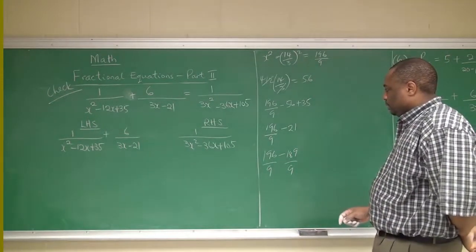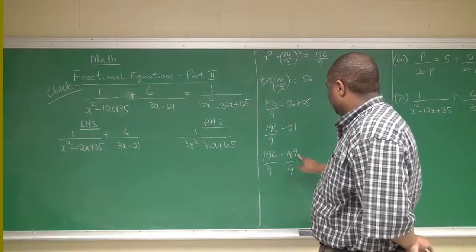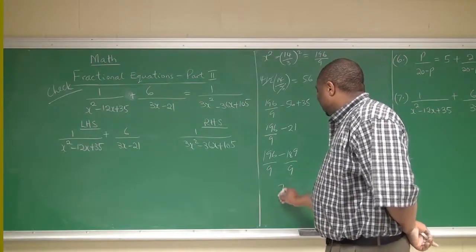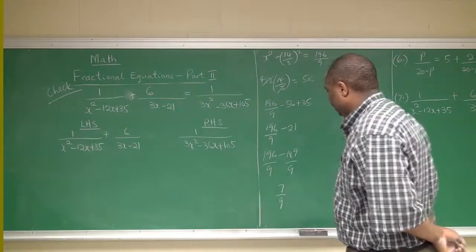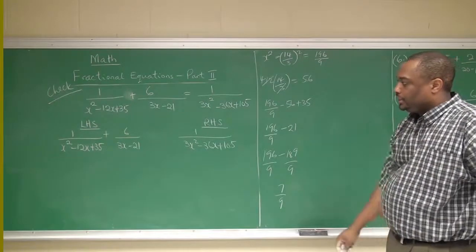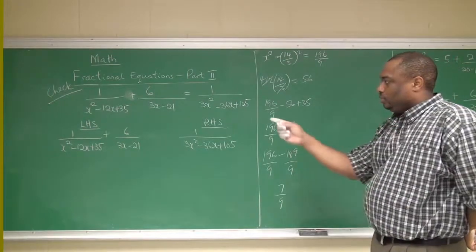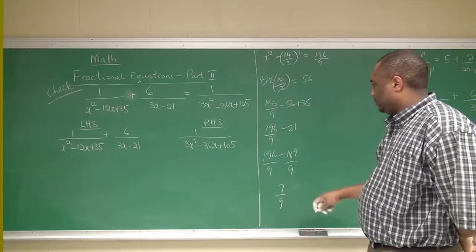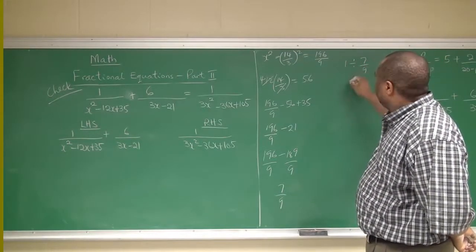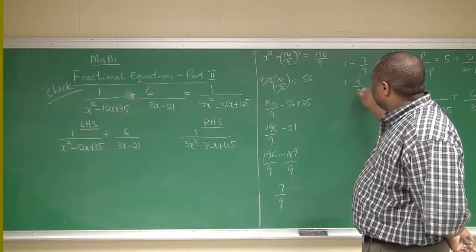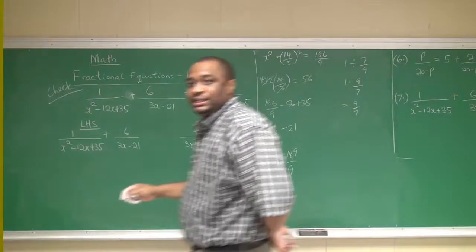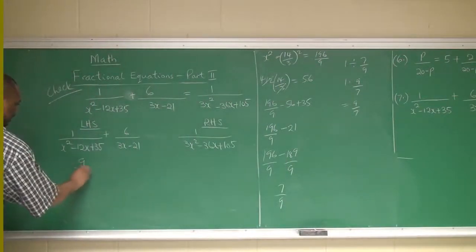So 196 minus 189 is 7, giving 7 over 9. Then 1 divided by 7 over 9 will be 1 times 9 over 7, and that is 9 over 7. So we have 9 over 7 here, plus.